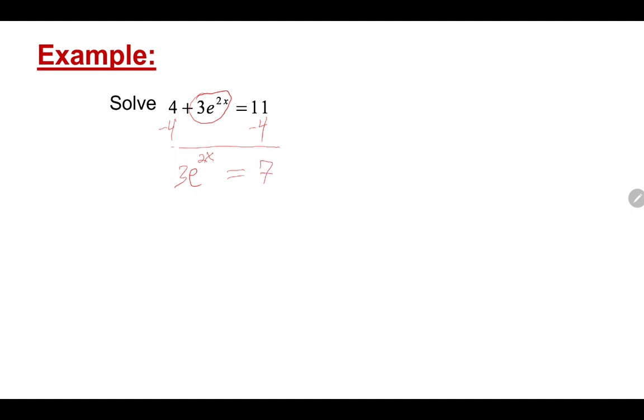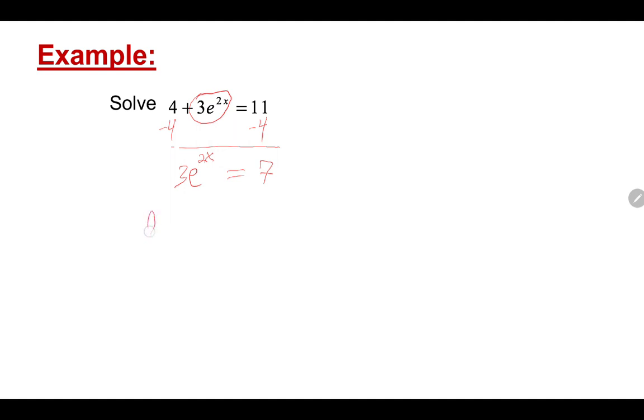Now, while they're like this, I can chuck the log at it. I can throw a log up here, and I'm going to go ahead and use the ln, the natural log, because it has e, which means my base is going to clear up really nicely. So I'm going to go ahead and do that.